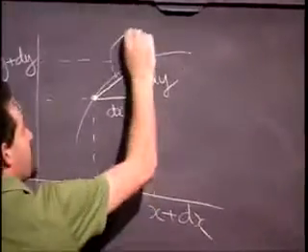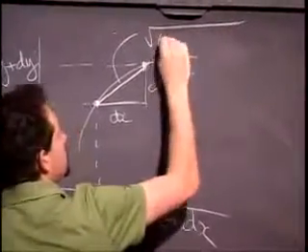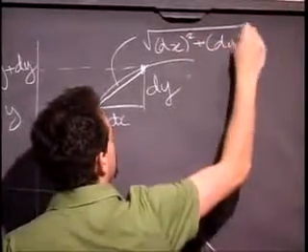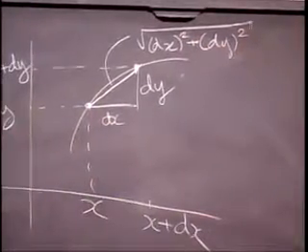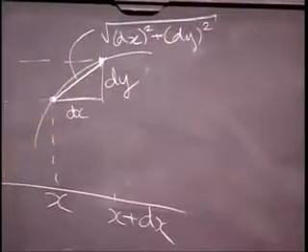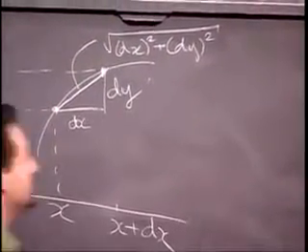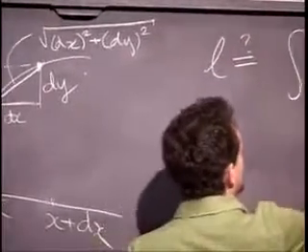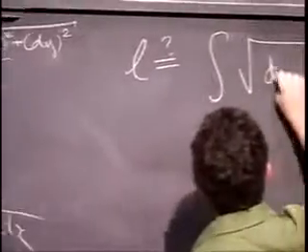So if you use Pythagoras' theorem, this would be the square root of dx all squared plus dy all squared. So our prototypical formula for the whole arc length comes from integrating or adding up all these pieces. So the arc length L should be equal to the integral of all this stuff.